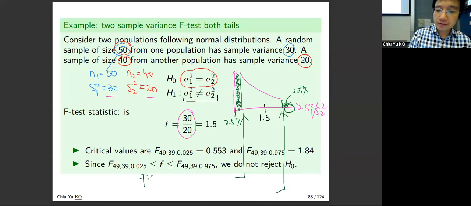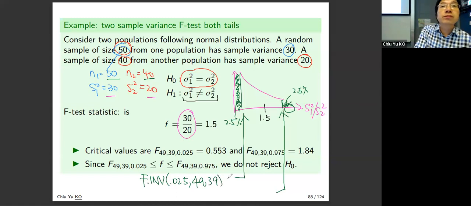So just F.INV, 0.025. Now, N1 minus 1 is 49. N2 minus 1 is 39. Then we're done. Okay, it gives you this number.